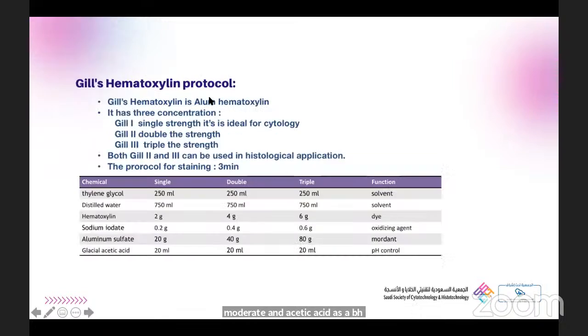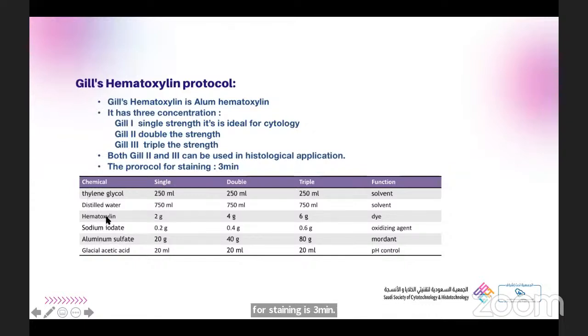Next, we have the Gill hematoxylin protocol. Gill's hematoxylin is an alum hematoxylin. It's provided in 3 concentrations: the single concentration for cytological use, and the double and triple concentrations for histological use. The protocol for staining is around 3 minutes.